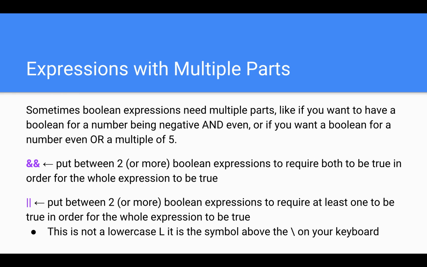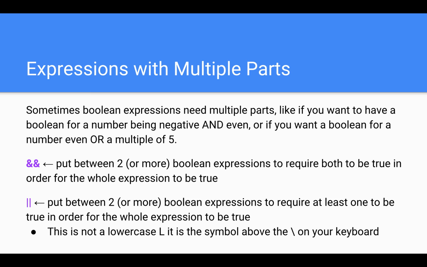Expressions with multiple parts. Sometimes Boolean expressions need multiple parts. Like if you want to have a Boolean for a number being negative and even, or if you want a Boolean for a number being even or a multiple of 5. So two ampersands next to each other, when put between two or more Boolean expressions, require all of the expressions to be true in order for the whole expression to be true.